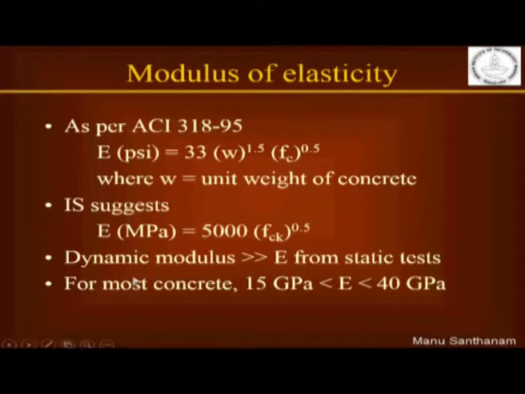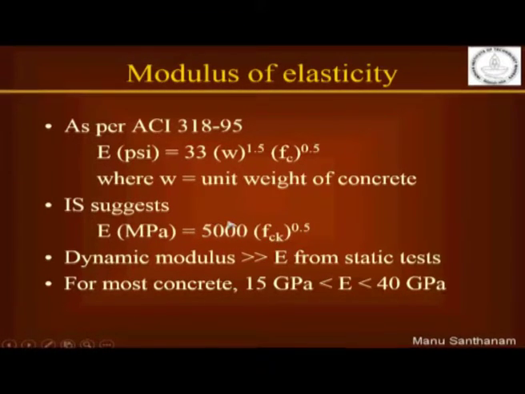As per the ACI, American Concrete Institute equation, the modulus of elasticity is equal to 33 times the unit weight of the concrete to the power of 1.5 multiplied by the square root of the cylinder strength fc'. In the case of Indian standards, modulus is given as 5000 times the square root of fck.